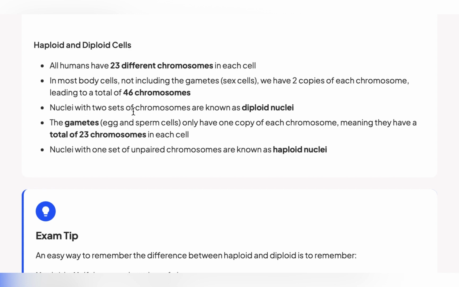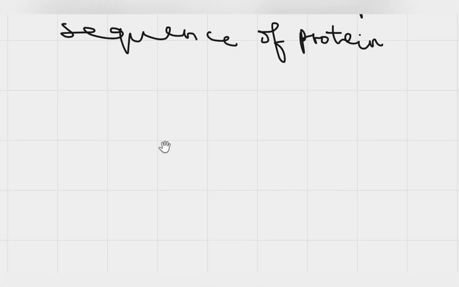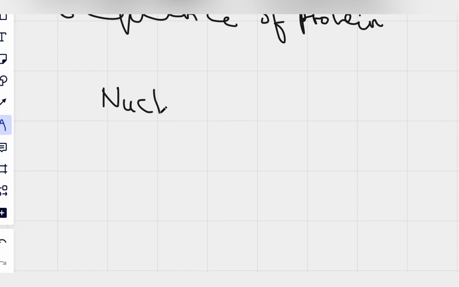Nuclei with 2 sets of chromosomes are known as diploid. You have 23 here as one set, and you have another 23 here as one set.